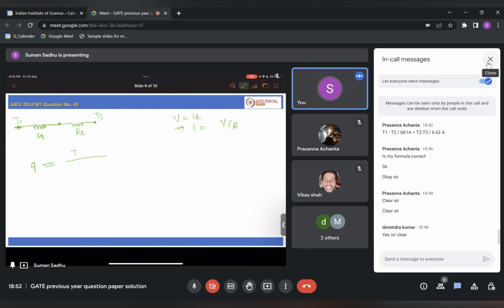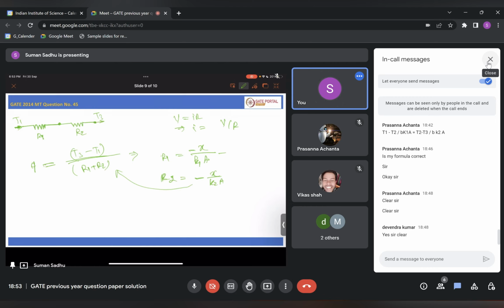So total Q will be simply T3 minus T1 divided by total R. R will be R1 plus R2. R1 is x by K1 A, and R2 is x by K2 A. If you put this R1 and R2, you will simply get the total Q from this.